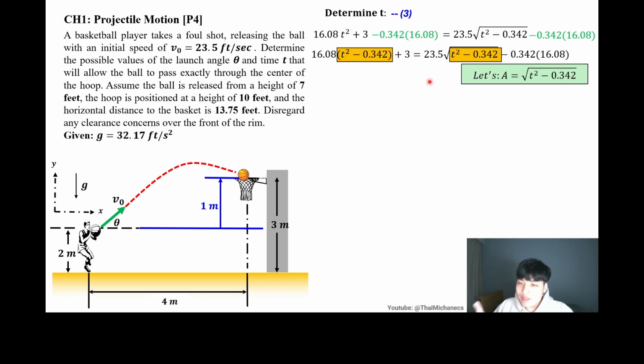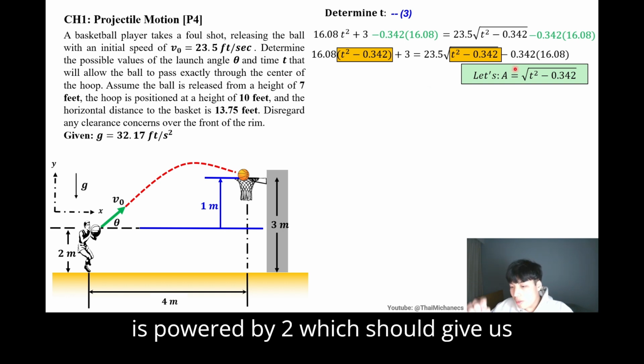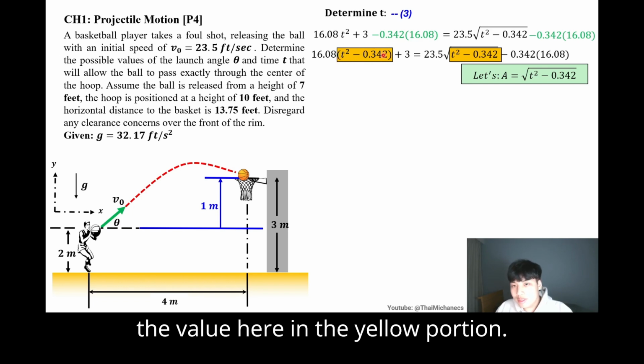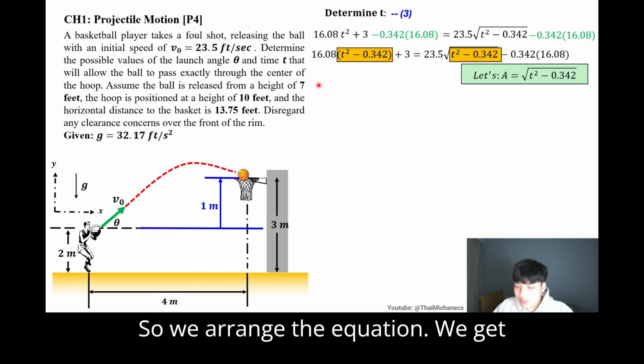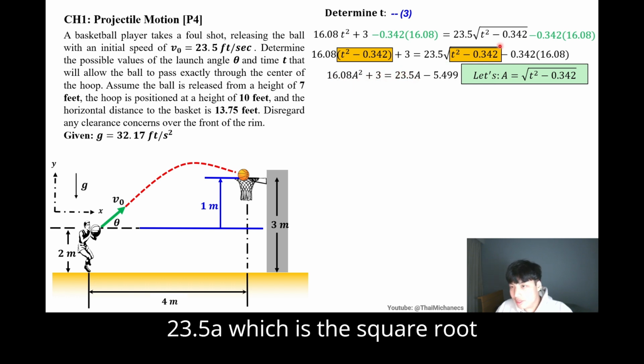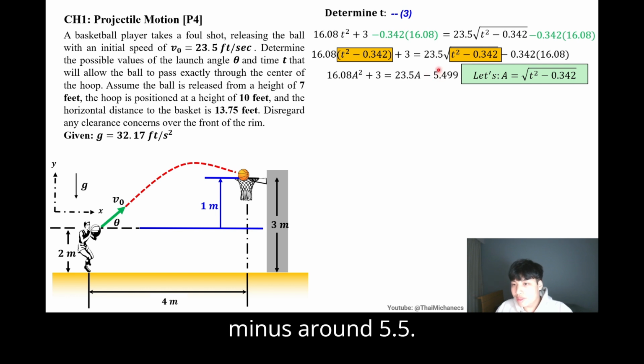So if this a is powered by 2, it should give us the exact same value here in the yellow portion. Rearranging the equation, you get 16a squared plus 3 equals 23.5a, which is the square root, minus around 5.5.